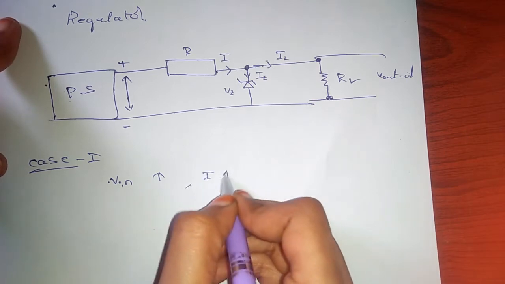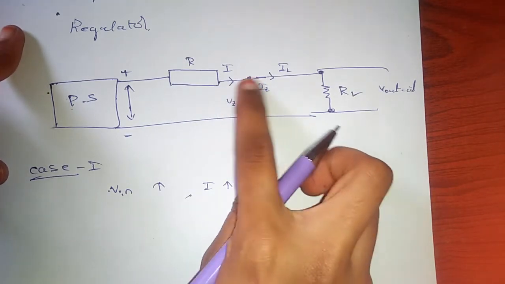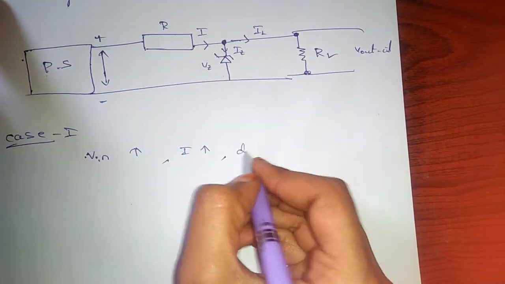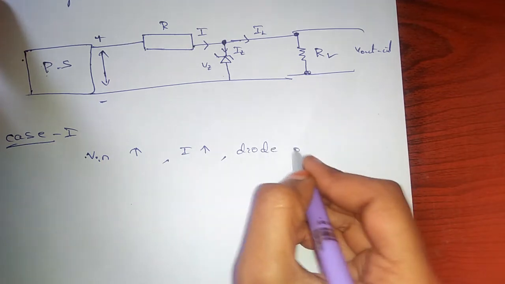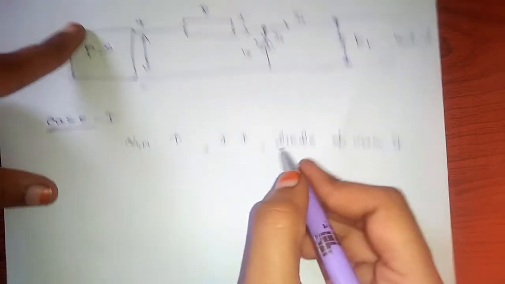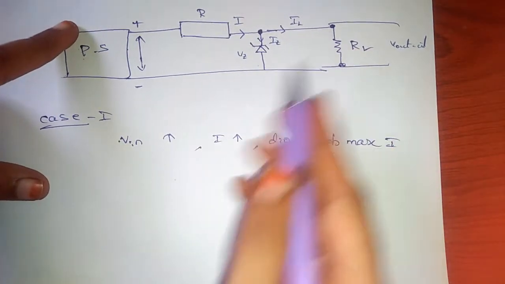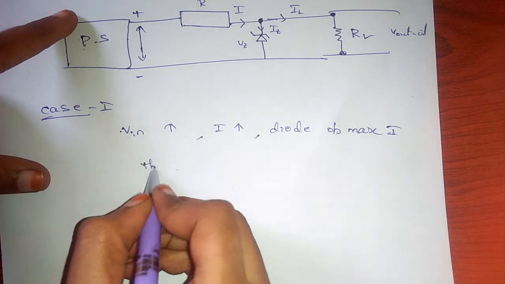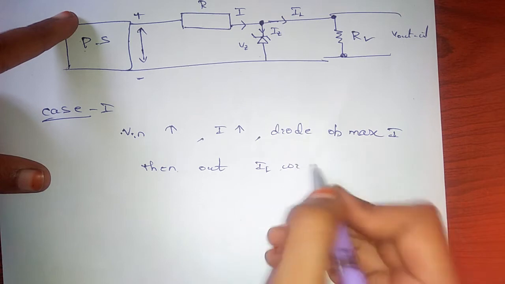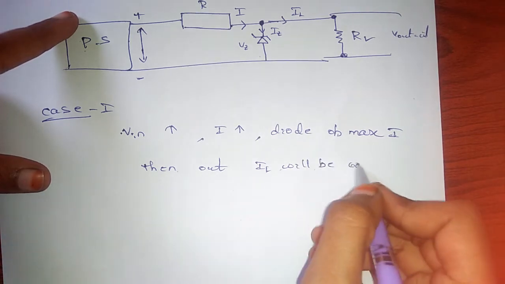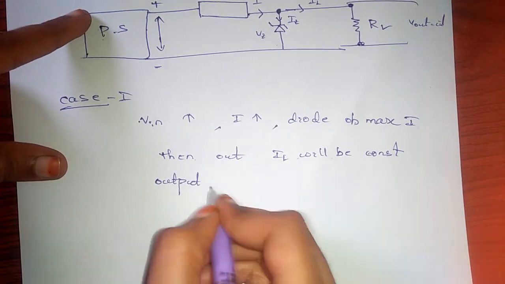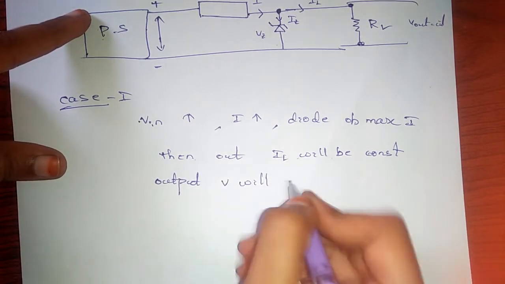Then our Zener diode will absorb the maximum current. So then the current IL will be constant, so that the output voltage will be constant.